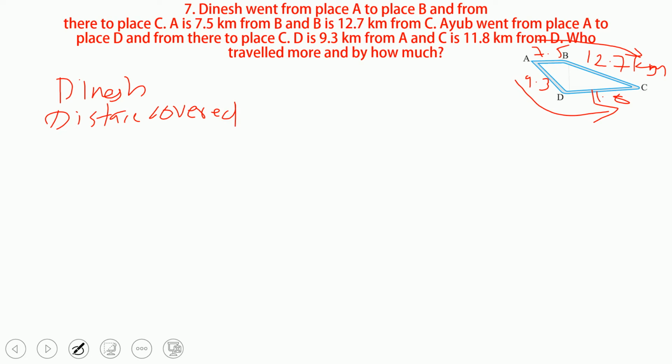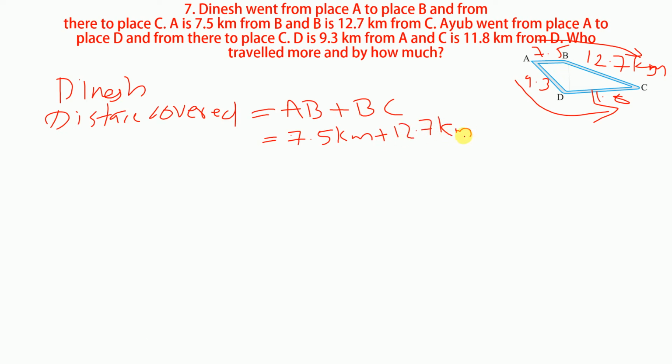The distance covered is equal to AB plus BC. Sure? So AB is 7.5 kilometer plus 12.7 kilometer. Now look how to do it.